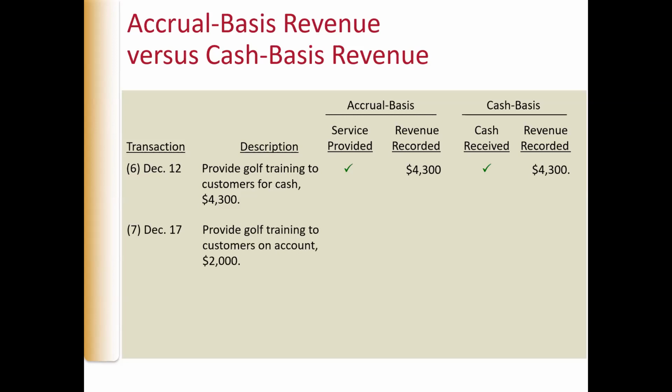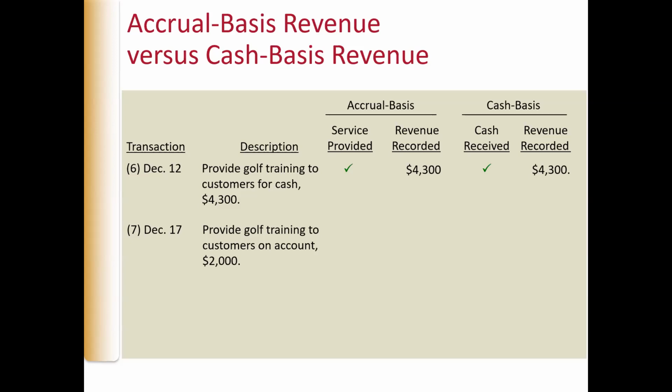On December 17th, we provide golf training to customers on account. Now, we know what this means, on account. It means we provided services, but they didn't pay us yet, did they? We did the service.